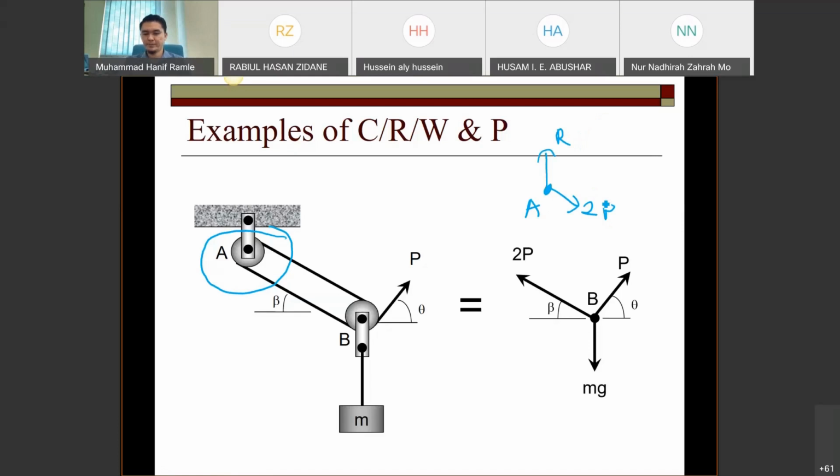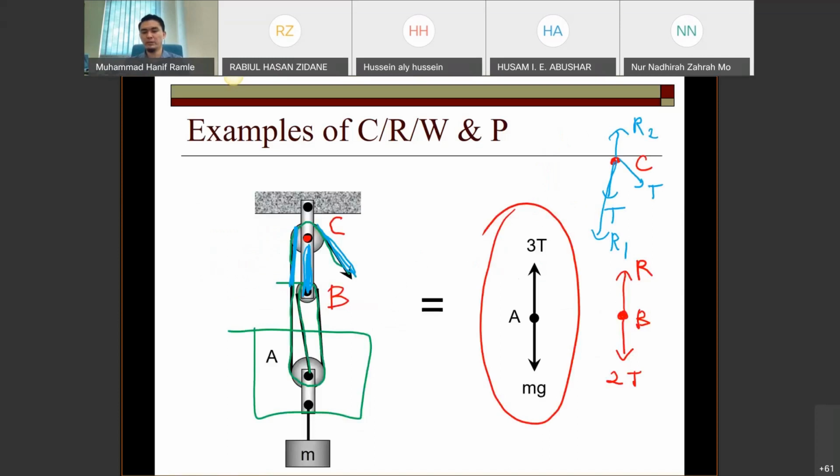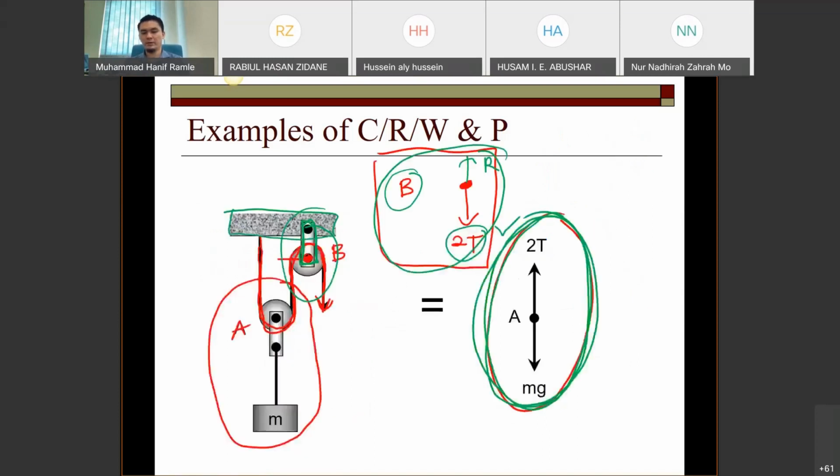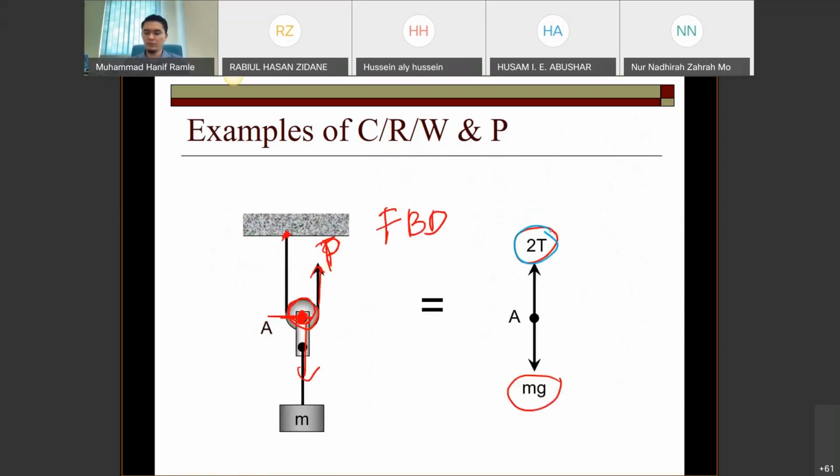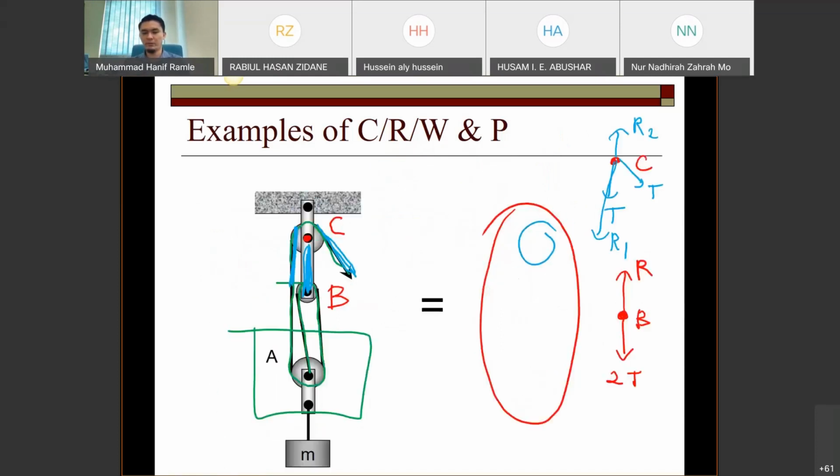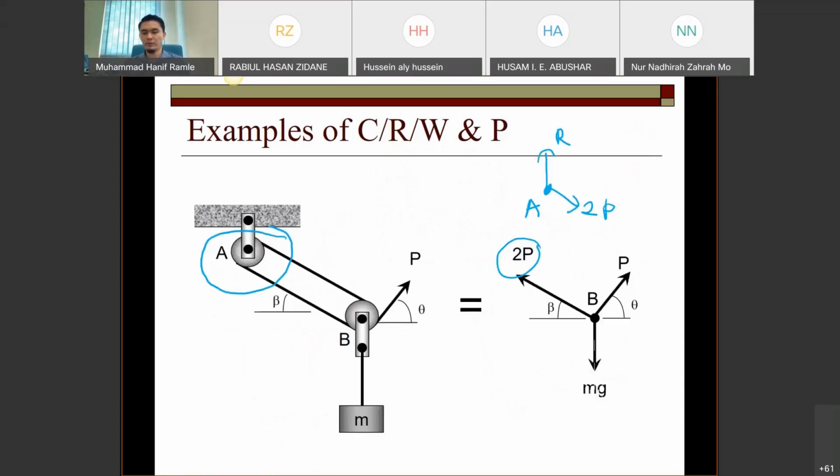Okay. All right. My other question, why suddenly we put 2P? Why in the previous example we put T? Why this one we put 2T? Why this one T as well? In this case, we put P. Why?